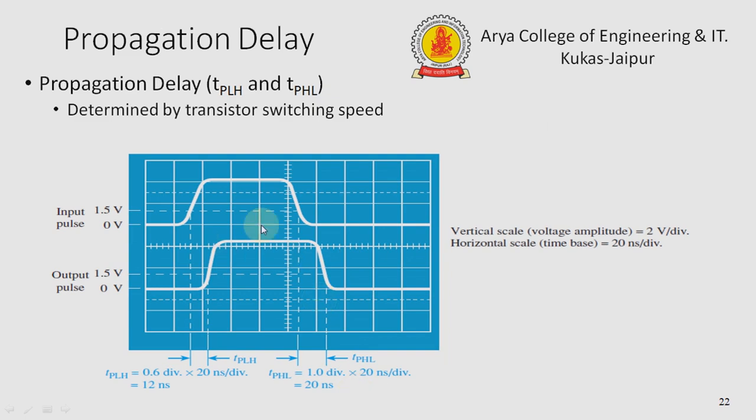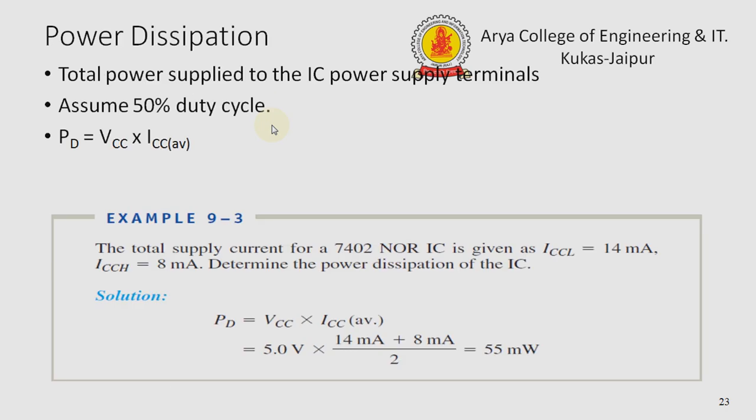These are the propagation delays between these two waveforms, determined by the transistor switching speed, that is, how fast a transistor can switch from one state to another. The total power supplied to the power supply terminal assumes a 50% duty cycle. So PD equals VCC multiplied by ICC.